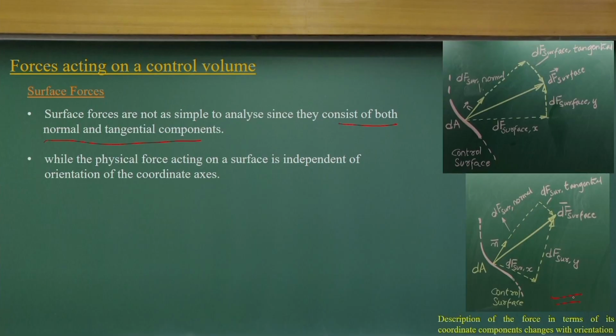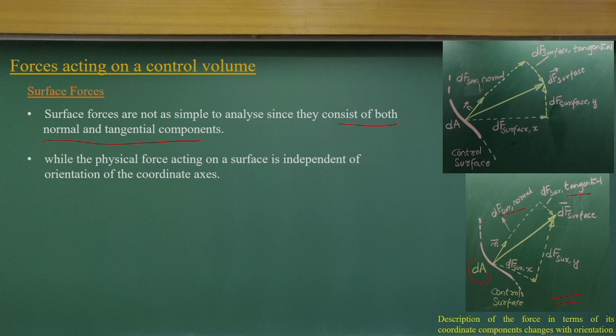This figure shows a control surface having an area dA, with n as the normal vector. If a force acts on it at an angle, the force can have two components, one normal and another tangential.